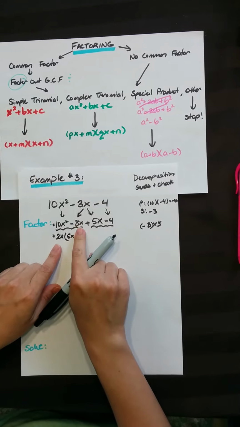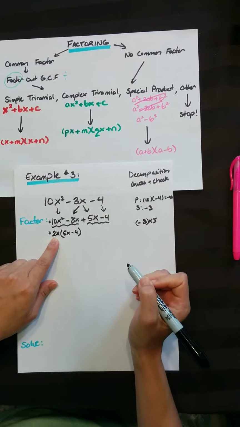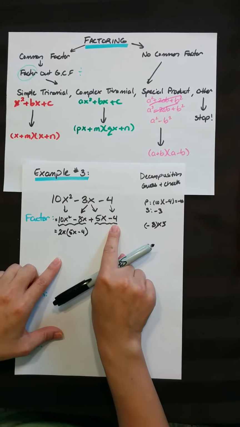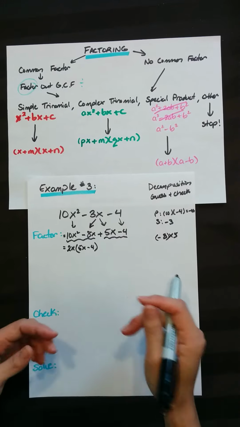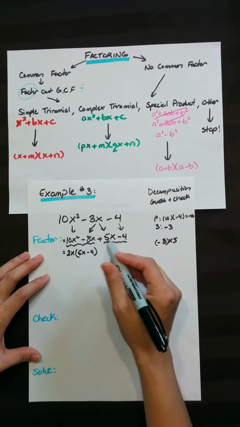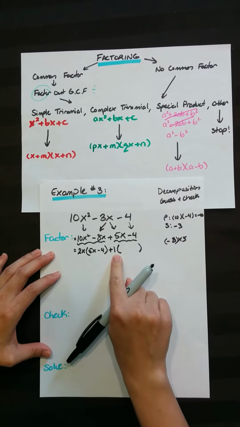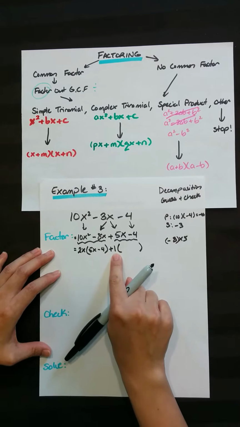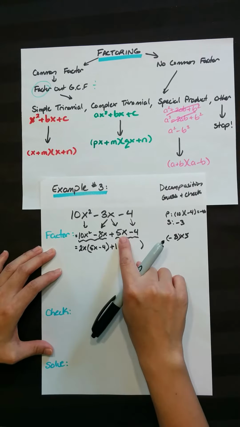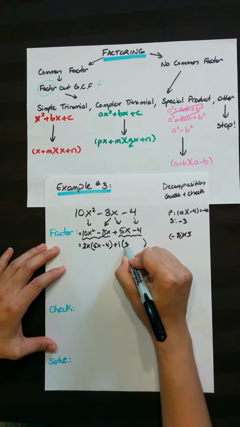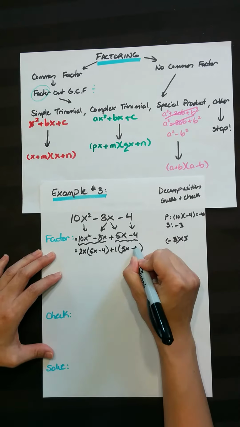And if I divide the -8x by 2x, I get -4. Okay, and I'm going to do the same with these two that are grouped together. A greatest common factor, well, since there isn't anything that either of those can be divided by, I'm going to divide them by a +1. You don't have to write the 1 if you don't want to, but I like to write it right there. It just helps me to remember that it's actually there. Okay, so 5x divided by 1 is 5x. -4 divided by 1 is -4.